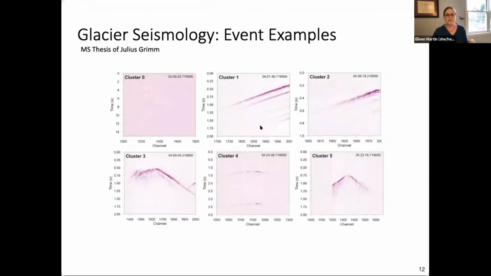And our different clusters showed us these different categories of events that we're now using to be able to understand more about what are these different categories of ice quakes that are going on, why are they distinguished from each other in separate clusters, and what can they tell us about how the glacier is behaving in different areas and different periods of time. And cluster 0 here, I'll point out, is just our noise cluster.